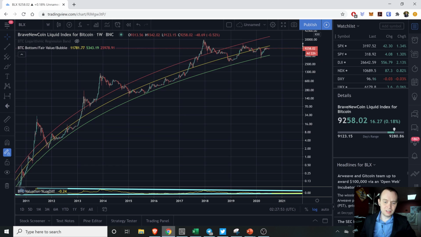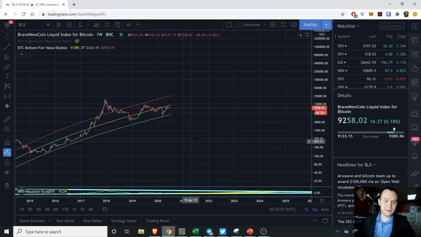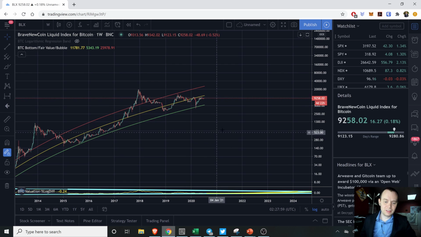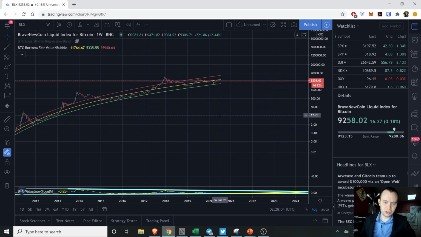And in addition to having to wait a lot longer, the gains that they'll probably see won't be nearly as high. So this is the general interpretation of what I'm trying to show.